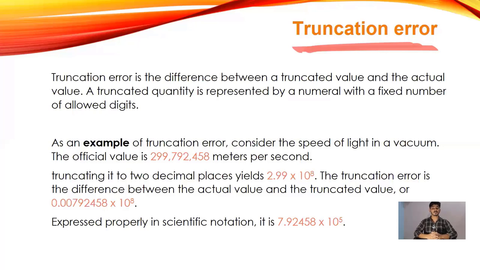Truncating it to two decimal places gives 2.99 times 10 to the power 10. The truncation error is the difference between the actual value and the truncated value. Expressed properly in scientific notation, it is 7.92458 times 10 to the power 5.